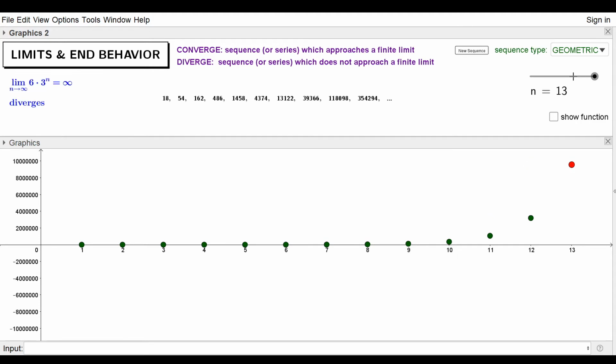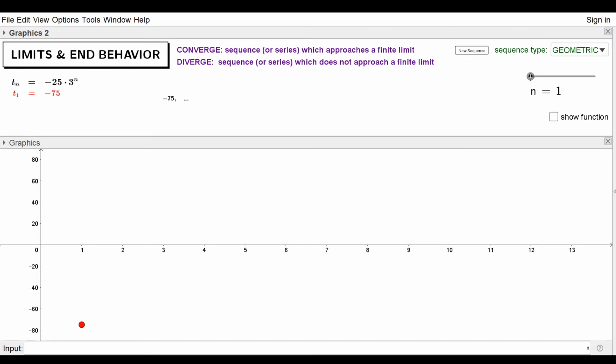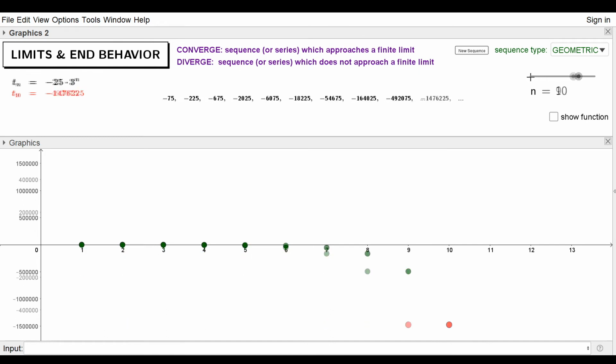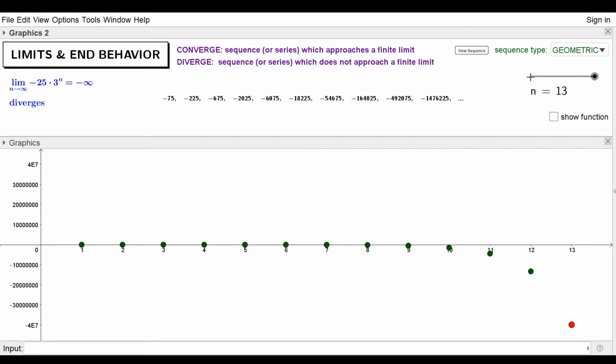And we can say that its limit as n approaches infinity of 6 times 3 to the n equals infinity. Now we can have sequences that go up, and we can have sequences that decrease without bound. And in this particular case, we can say its limit is negative infinity, but again, a divergent sequence.